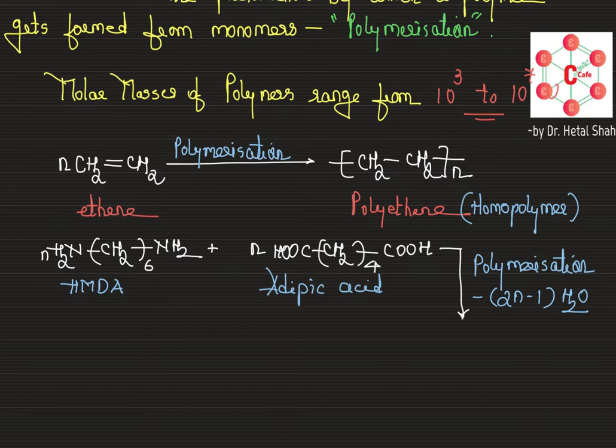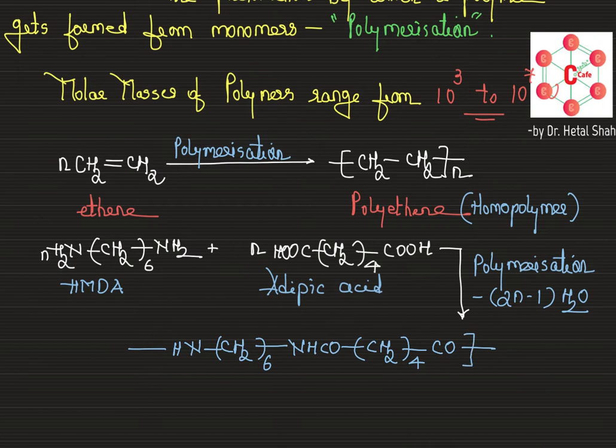But when the polymer gets formed, the entire chain would have at least one NH2 at one of the terminals, which would not undergo any condensation reaction. And there would be one COOH, which would also not undergo any condensation.